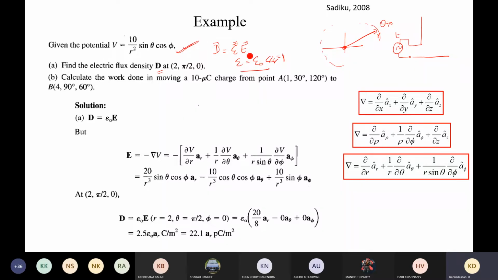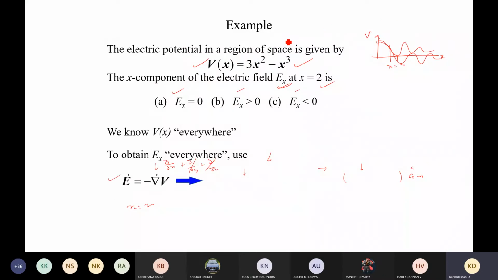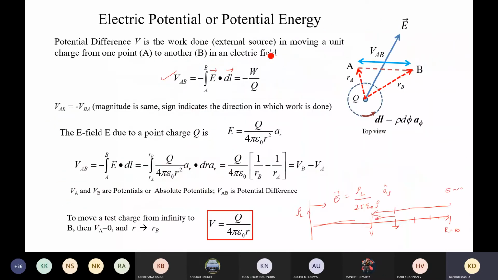We can calculate the electric field from the gradient of the potential. Once the electric field is calculated, we can easily integrate to get the potential energy for a given charged body.